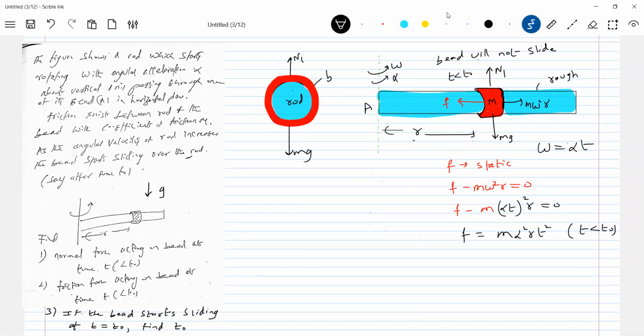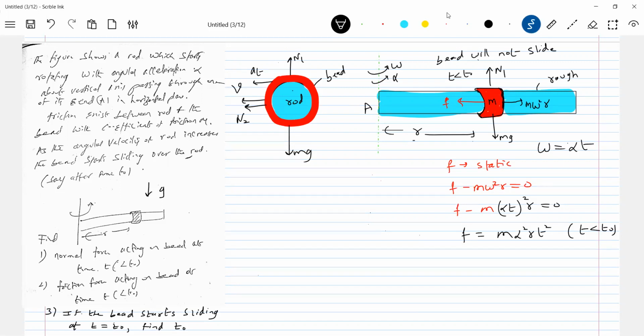The bead is moving, so it will have tangential velocity, and also tangential acceleration. So who will make the bead move in a circular path? It should be the rod only. So the rod will exert one more force, that is N2. Because of this N2, it will have a tangential acceleration. It's very simple.